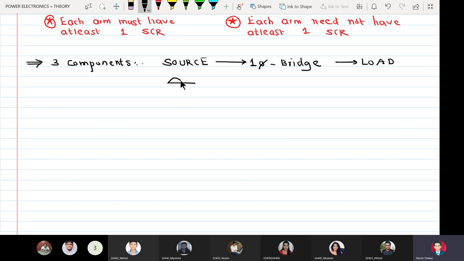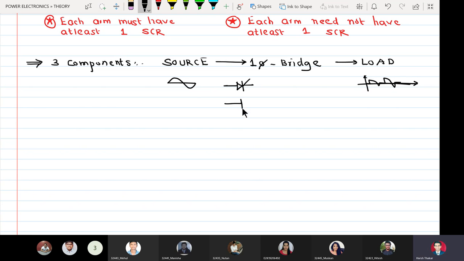This single phase source is nothing but pure AC, and the load can be any kind of waveform which has a positive or negative VLAVG. And here in the bridge we have two SCRs.